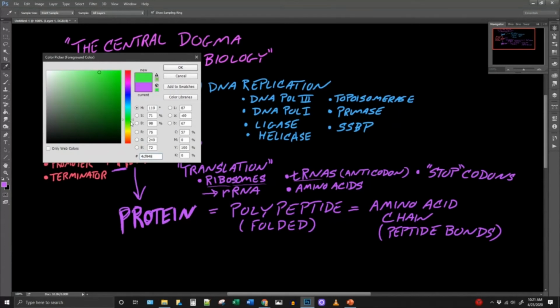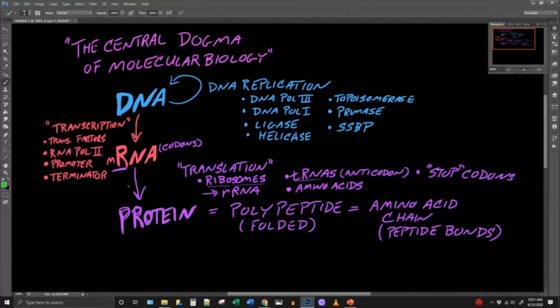There's a step in between here, which is called RNA processing.